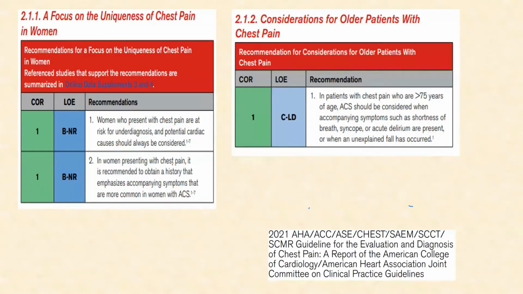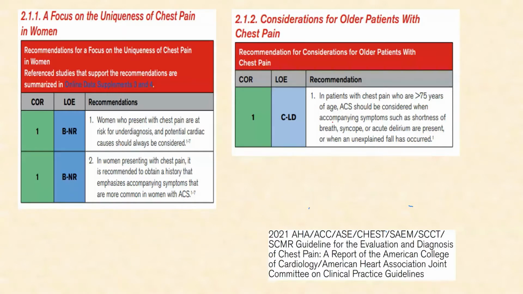In women presenting with chest pain, it is recommended to obtain a history that emphasizes accompanying symptoms that are more common in women with acute coronary syndrome. So women with acute coronary syndrome are more likely than males to come with atypical presentation: no actual chest pain, but more of dyspnea, sweating, dizziness, stuff like that. They are more likely to go atypical.